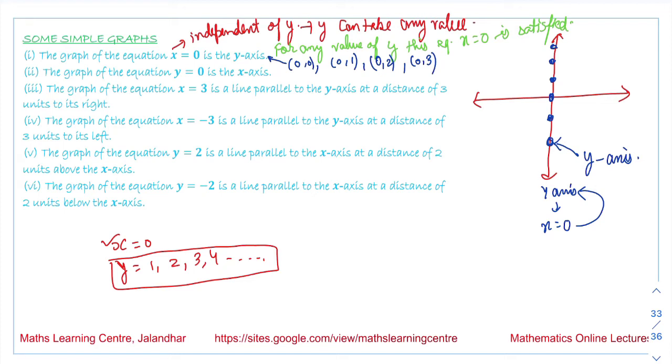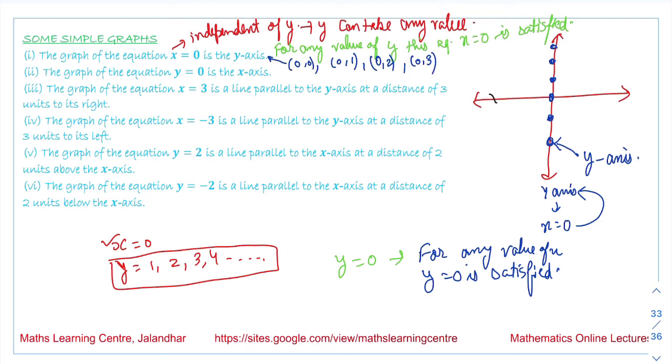Similarly, if y equal to 0 is given to us, for any value of x, y equal to 0 is satisfied. The points we obtain in this case are over here on the x-axis. The points we obtained are (0, 0), (1, 0), (-1, 0), (2, 0). All these points are obtained.